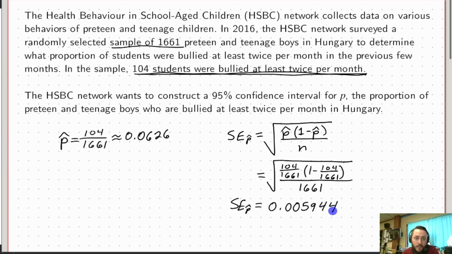Because it's more decimal places than what we had for the proportion, so it's probably good.